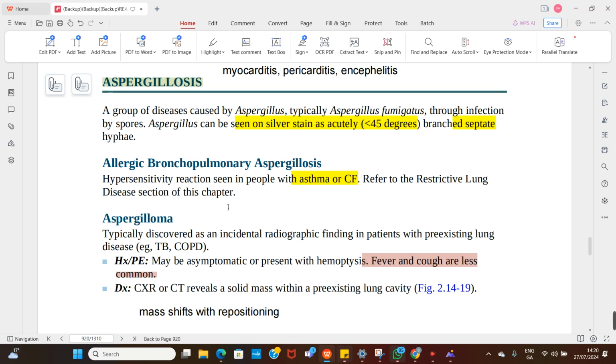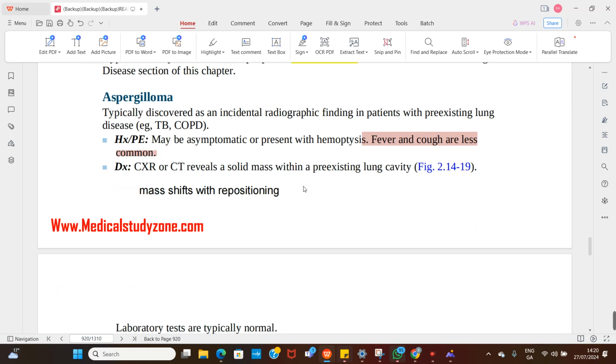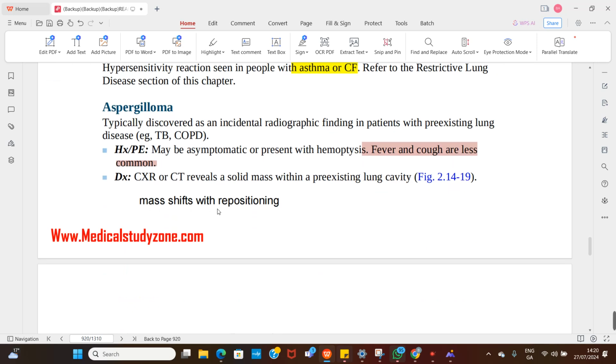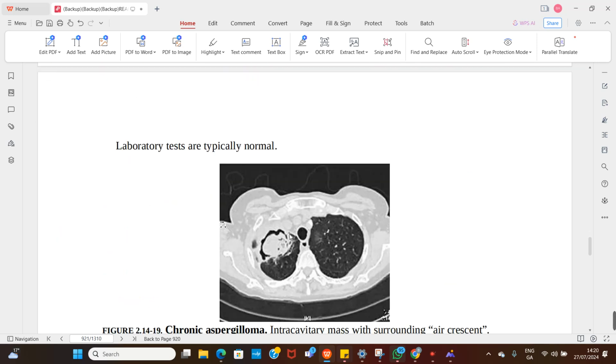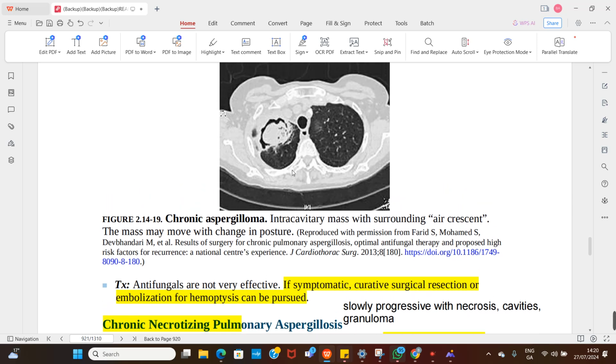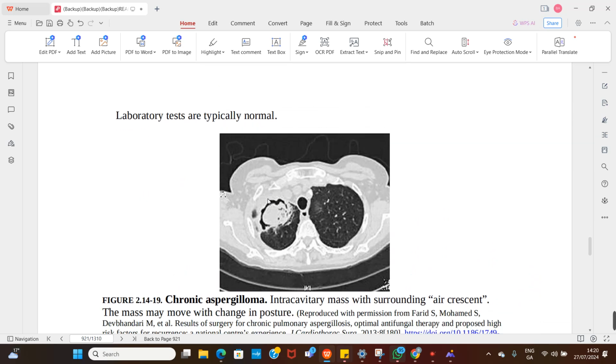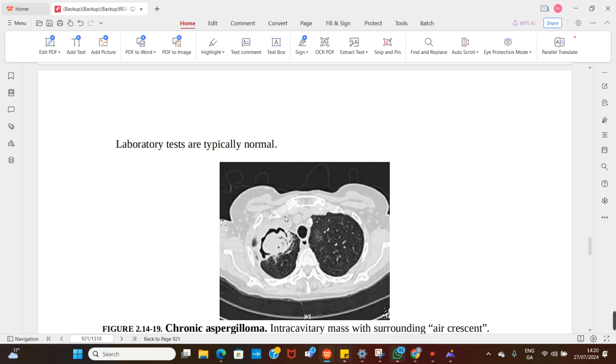So, if you order your chest X-ray, what are you going to see? You are going to see a mass within a cavity, something like this. Yeah, you can have an aspergillus ball within a cavity, something similar to this.